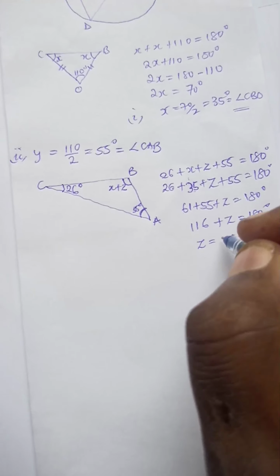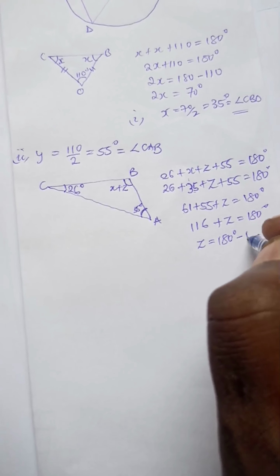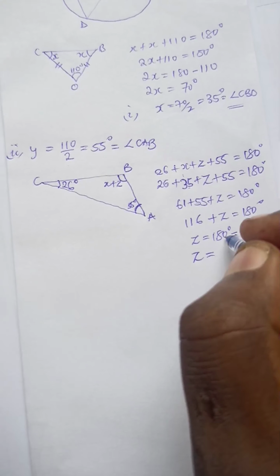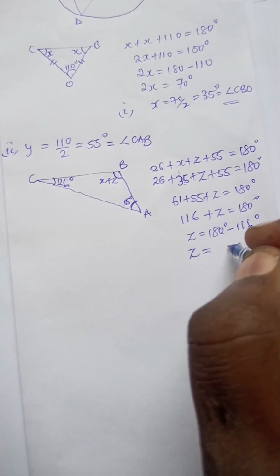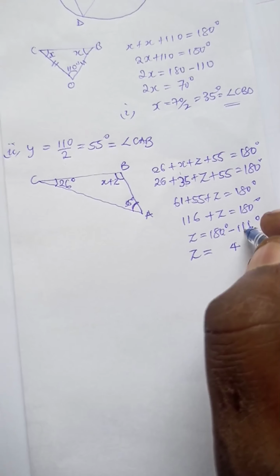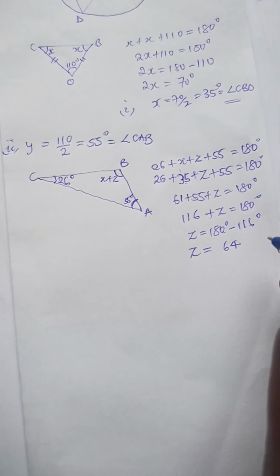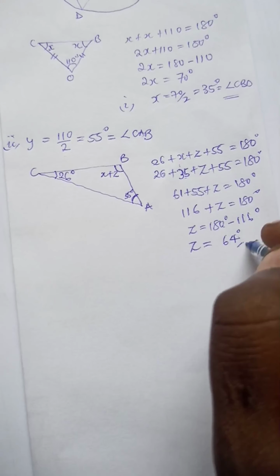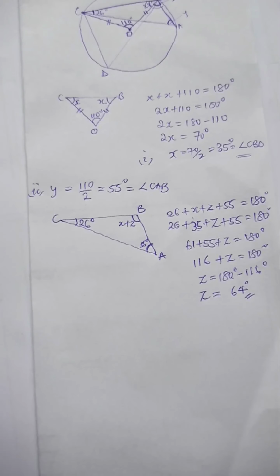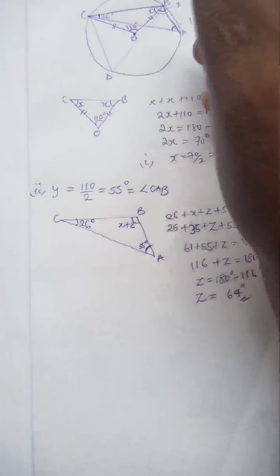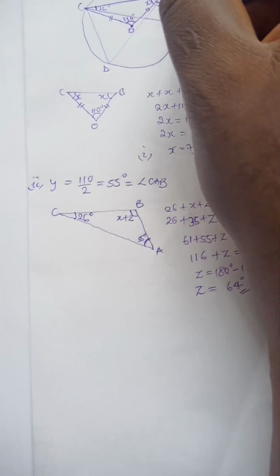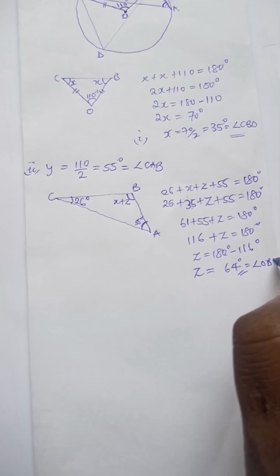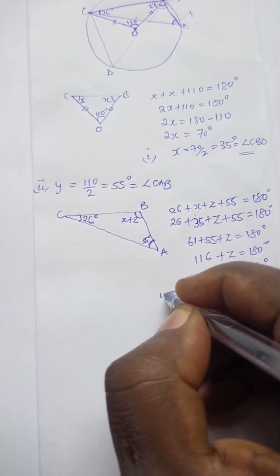So z is equal to 180 degrees minus 116 degrees, which gives us 64 degrees. And z corresponds to the angle we are looking for, angle OBA. So angle OBA is 64 degrees. So this is III.